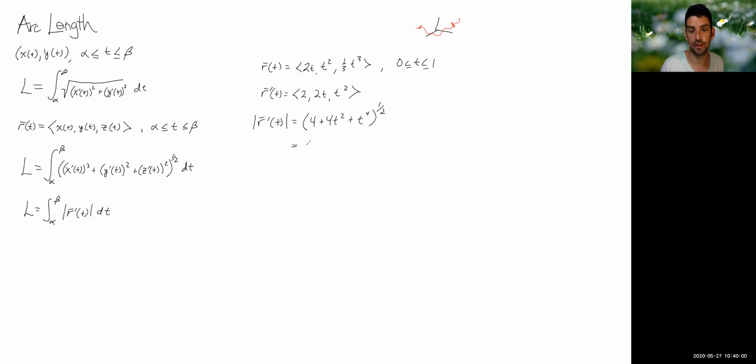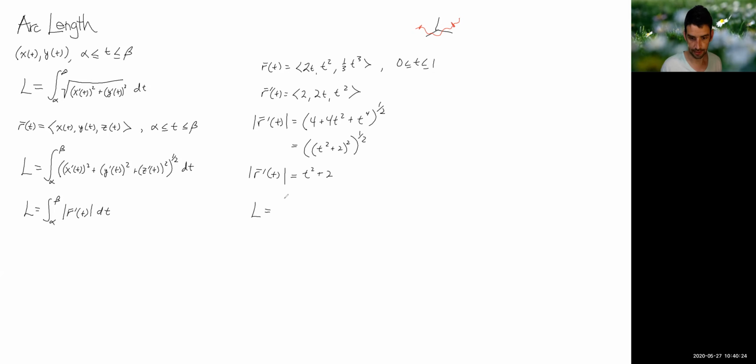However, this looks conveniently like a perfect square, right? So factoring the argument of this radical, I get t squared plus 2 squared, and I'm taking the square root of it. So now the magnitude of the derivative is just t squared plus 2.